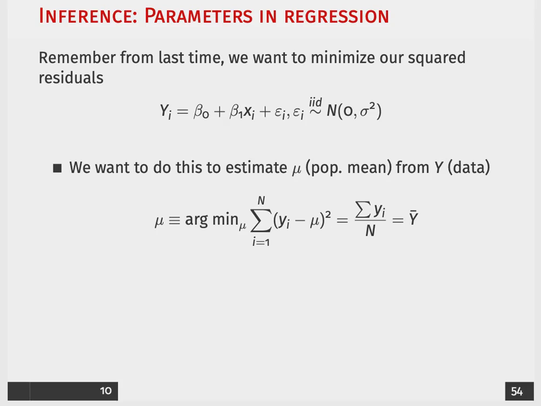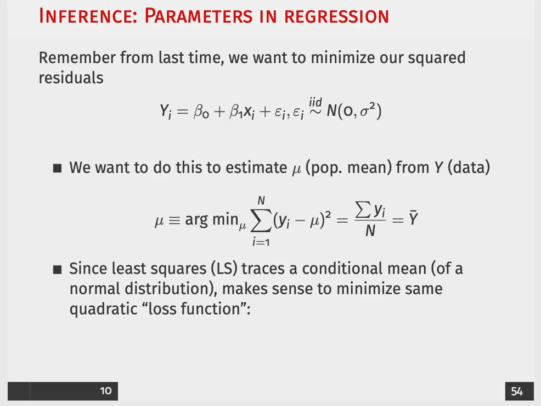And remember again, we're trying to minimize the sum of squares, so the distance between what we observe and our expectation of what the mean should be, and that's going to be represented by the mean of our sample. So again, since this least squares function is tracing a conditional mean of a normal distribution, it makes sense to try to minimize that same quadratic loss function.